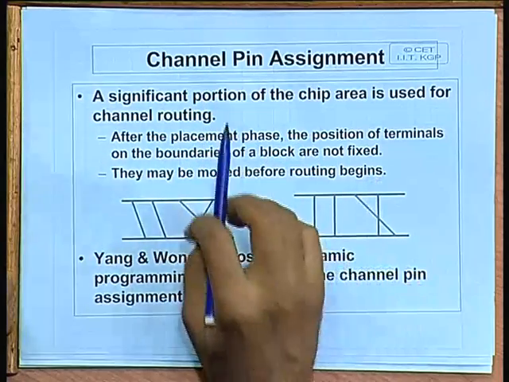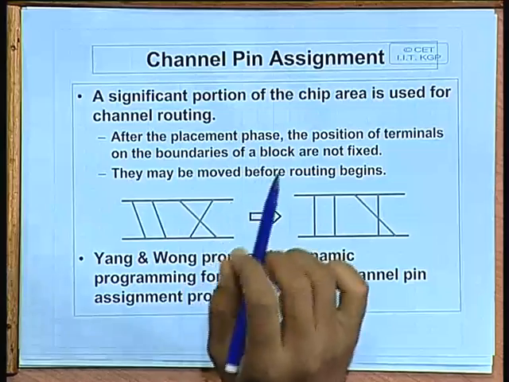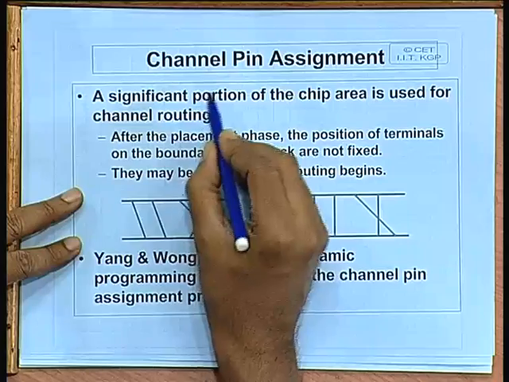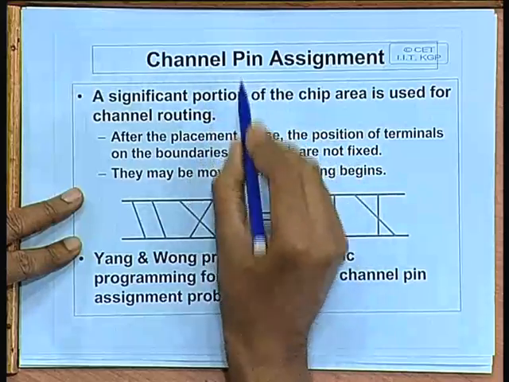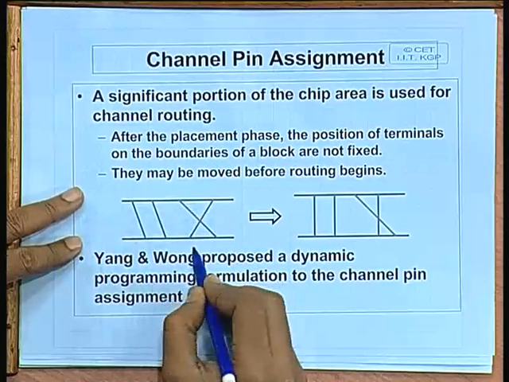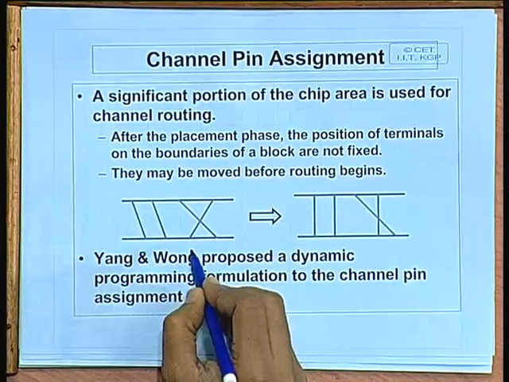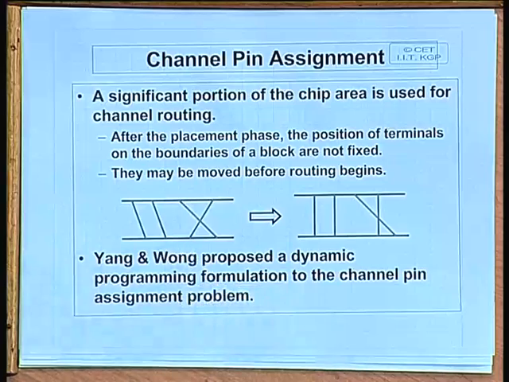Understanding that channels are a very important proportion of the routing we have to do, it will help if you try to do some pin assignment in the channels, which will be reducing congestion and the routing areas. In fact, there are a number of heuristics which are used.